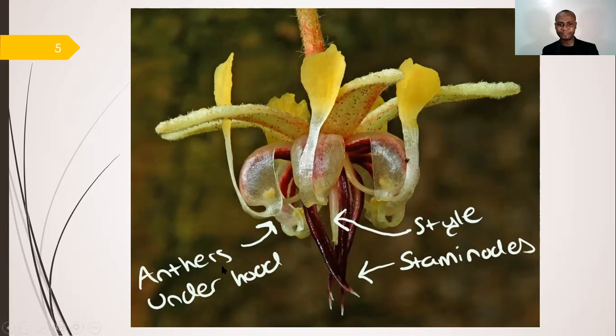And the anther, the middle strata, is covered by a hood or by the petals. This makes it nearly impossible for the pollen grains from here to travel all the way to this place, because there's a lack of covering around the male part and the female part. So fertilization in cacao is difficult.